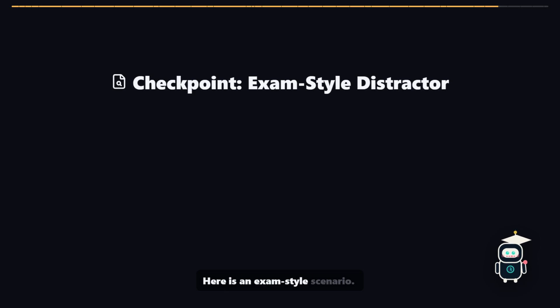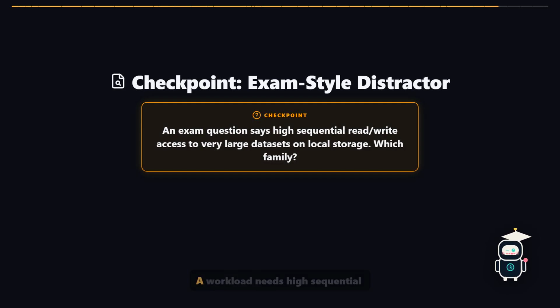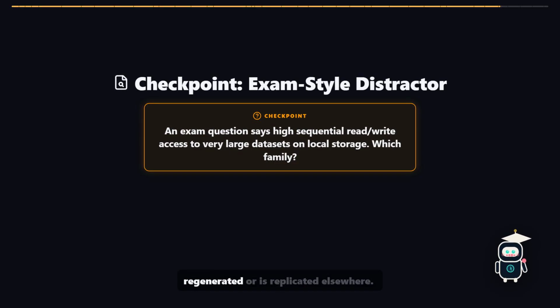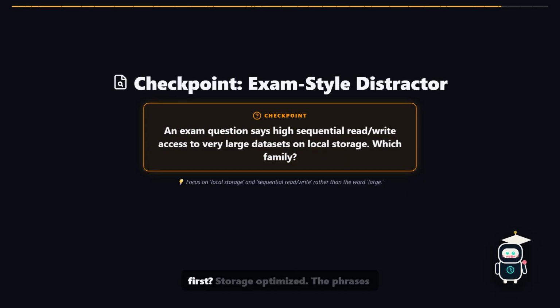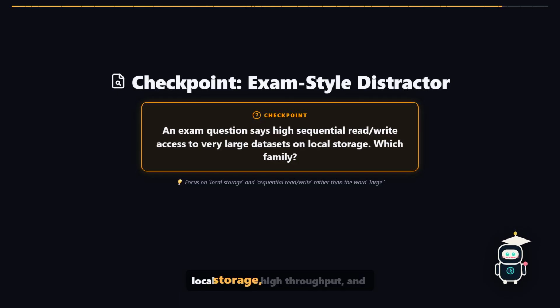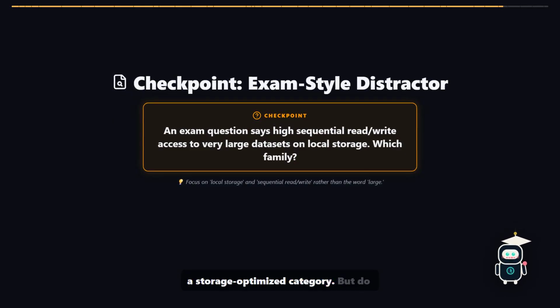Here is an exam-style scenario. A workload needs high sequential read and write performance for very large datasets on local storage. The data can be regenerated or is replicated elsewhere. Which category should you investigate first? Storage optimized. The phrases local storage, high throughput, and large data processing point toward a storage optimized category.